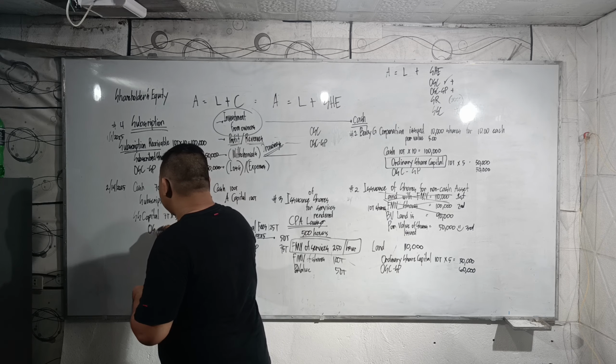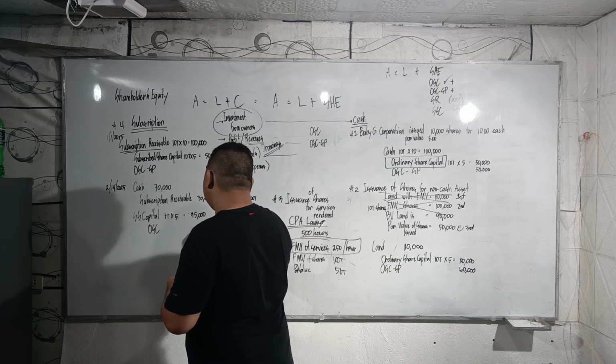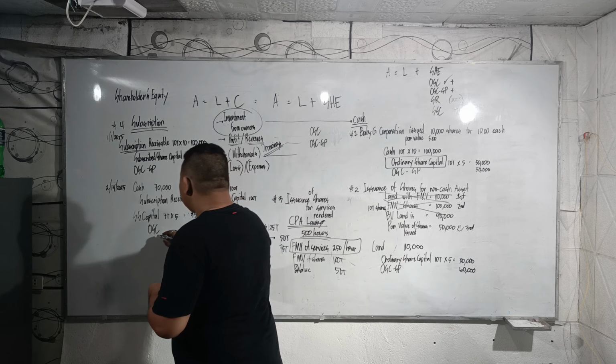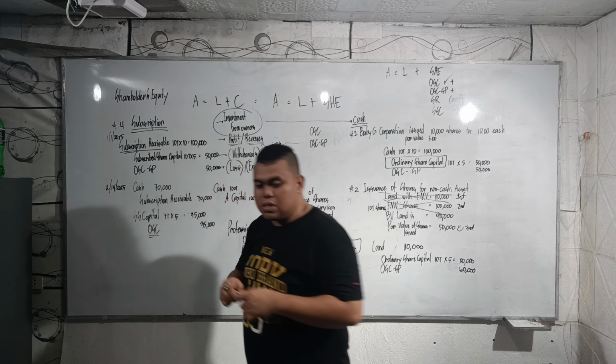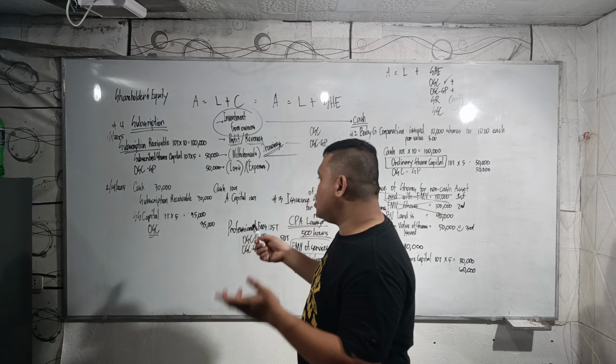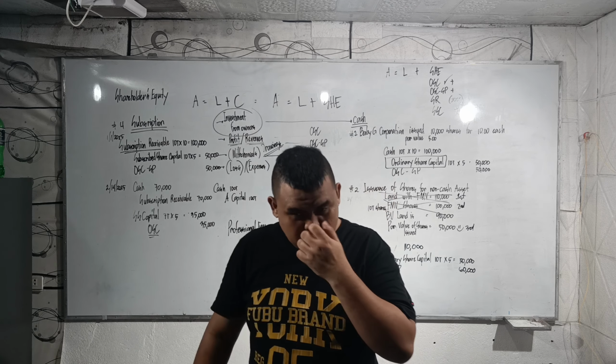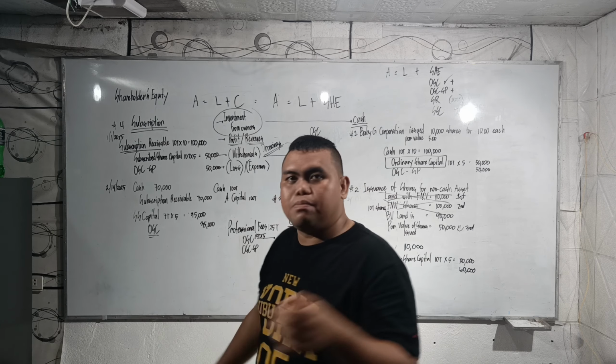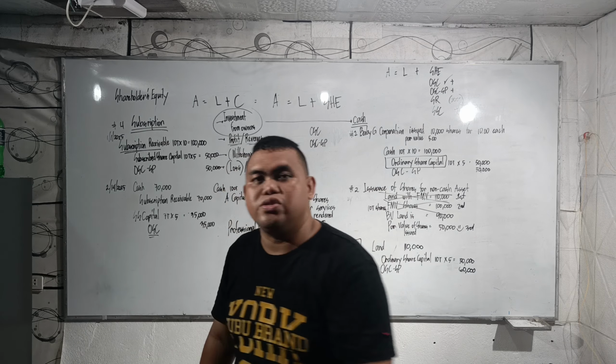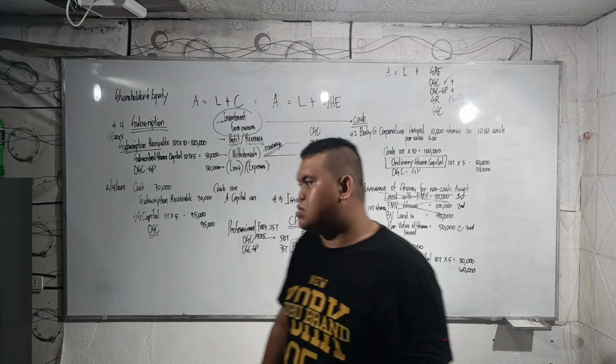And we have ordinary share capital, 35,000. So ordinary share capital is used now because the 7,000 has been fully paid, as if you are already issuing a share certificate for the 7,000 shares.